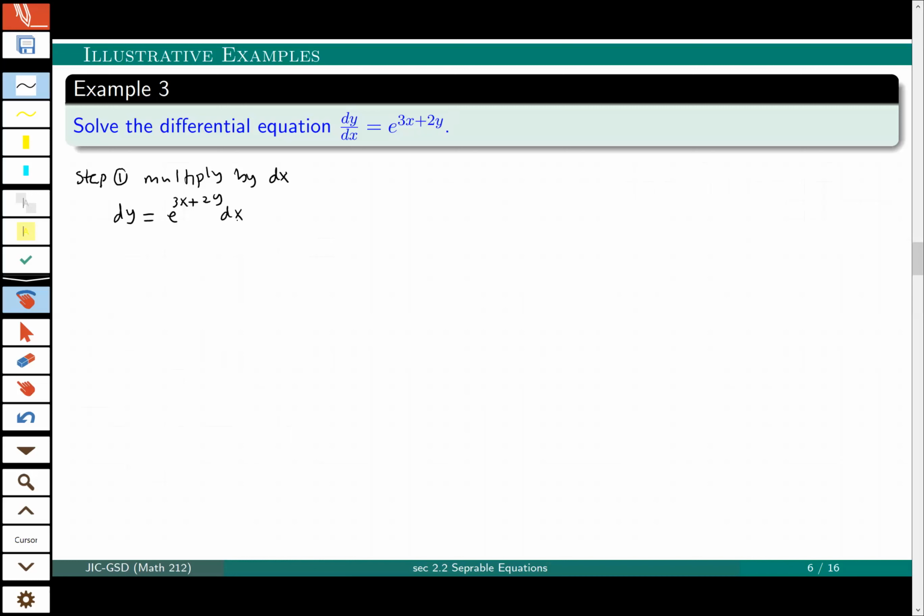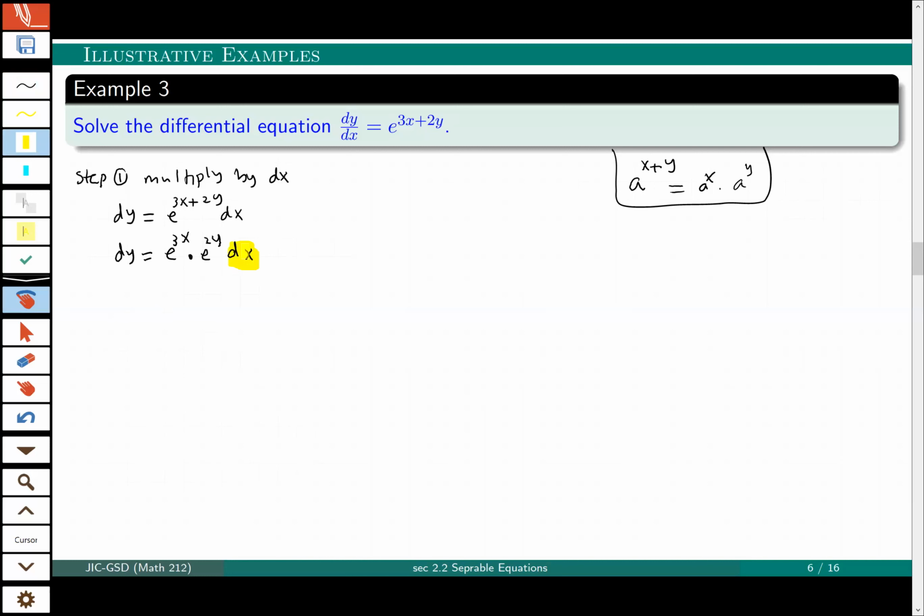In order to separate, we need to use a math one idea: if I have a base raised to the power x plus y, it's a to the power x times a to the power y. Using this property, I should be able to write e to the power 3x times e to the power 2y dx.